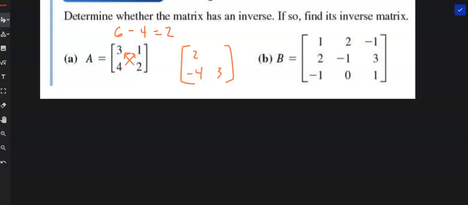Multiply the 4 and 1 by -1, but don't move them around. And then multiply the entire thing by the reciprocal of 2. There's your inverse. Now when we get to the 3 by 3, guess what we'd be doing? Graphing calculator.